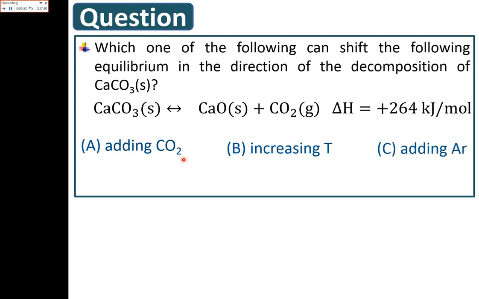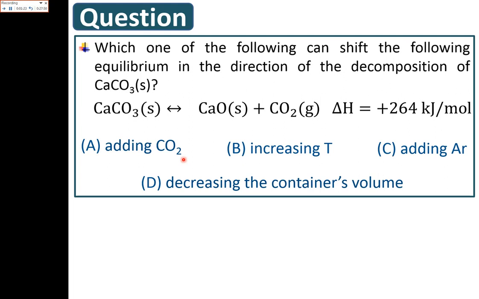Adding argon. Argon is an inert gas, and we remember from Le Chatelier's principle that adding an inert gas to the equilibrium of a given reaction will not affect the equilibrium position, will not shift the equilibrium in any direction. Decreasing the container's volume: how will it affect this equilibrium?